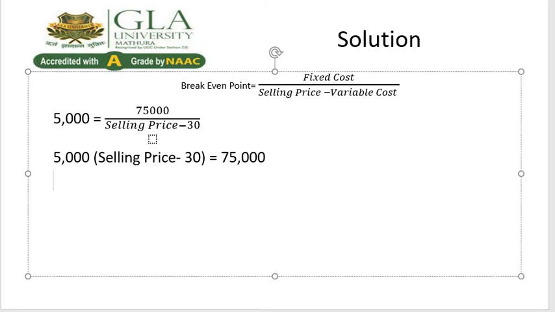After that calculation, 5,000 selling price minus 30 into 5,000, that is 1,50,000. So 5,000 into selling price minus 1,50,000 equals 75,000.